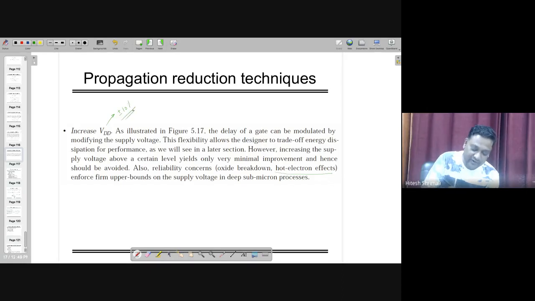If you are going beyond that, it might create oxide breakdown, means your transistor can be damaged. We don't want to do that. There are some reliability concerns, so we have to make sure that it should not be damaged. Right? So I think that's all for here today.